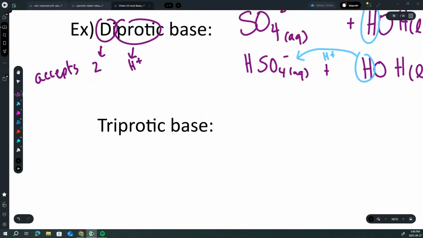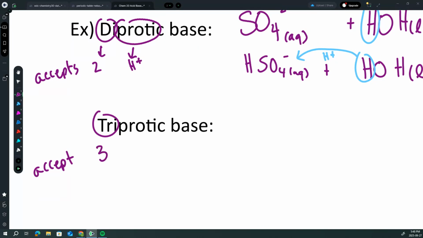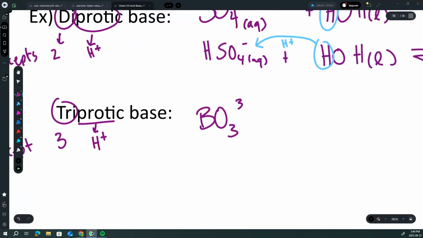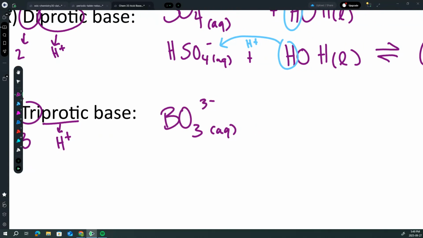Alright, triprotic base. So what this means, so base means that it's going to accept. Tri means 3, proton, or protic means H plus ions. Okay, so a triprotic base will accept 3 hydrogen ions, or 3 H pluses. Okay, so for example, if we have our borate ion, so BO3, 3 minus, aqueous, plus water.